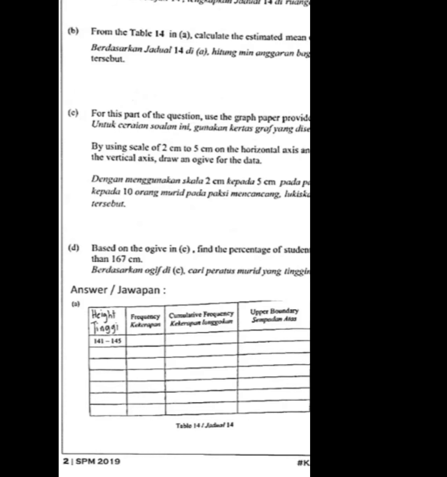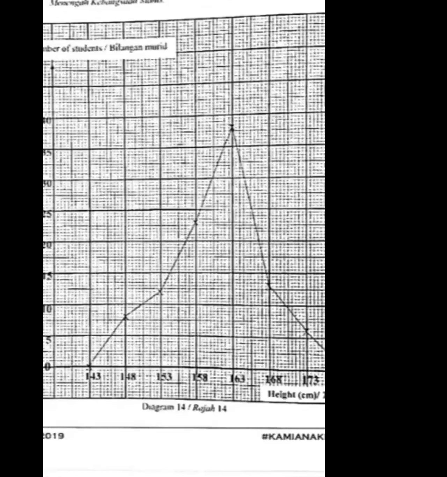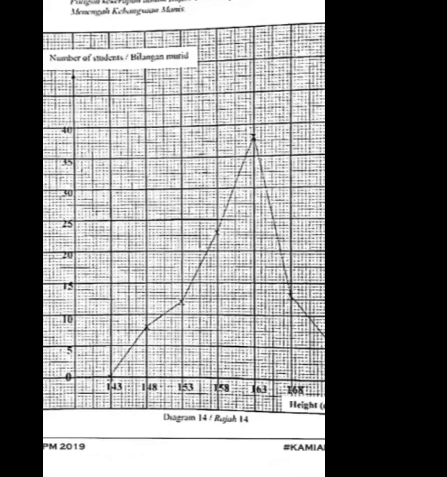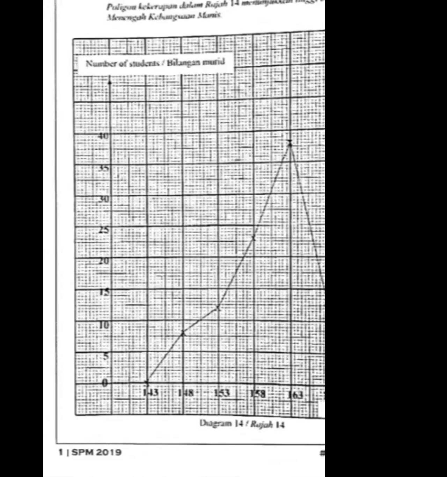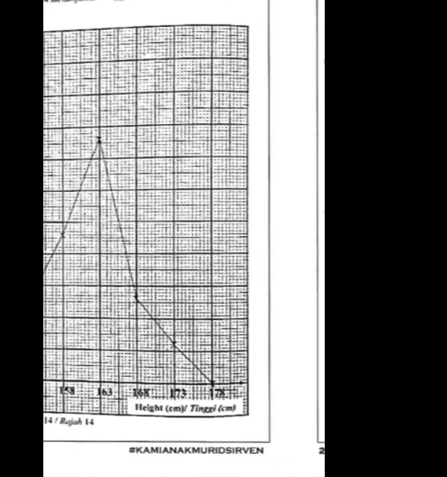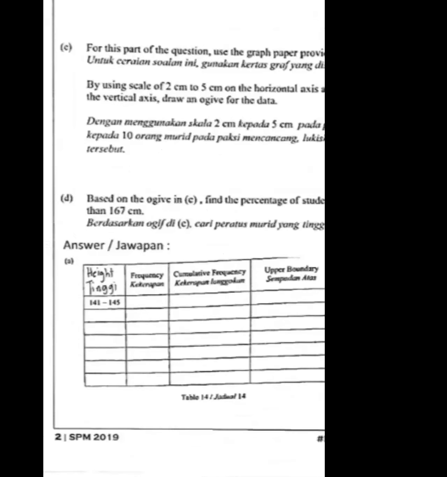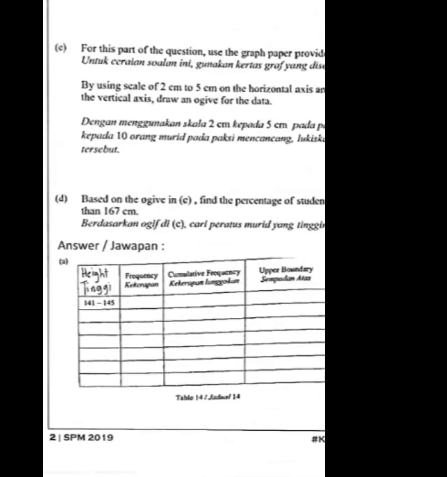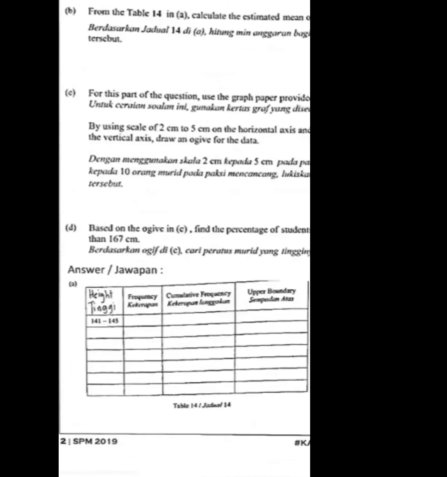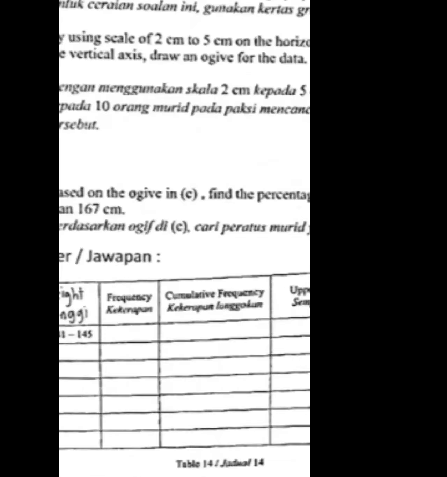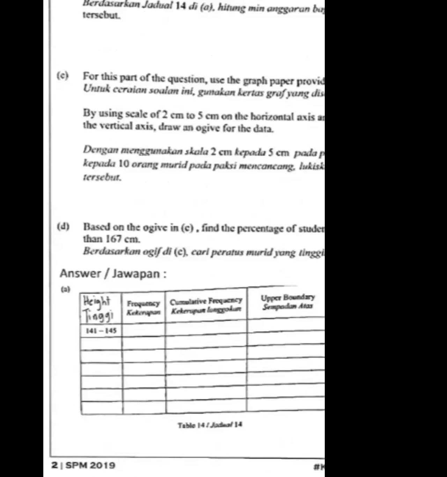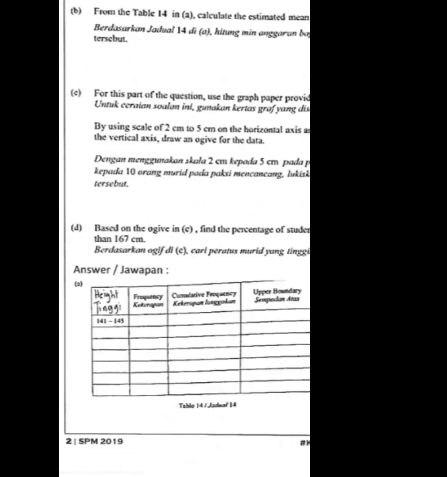The third column's frequency is, I think, 12, so you sum 12 plus 8, which equals 20.